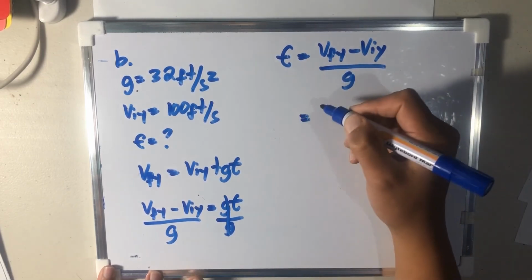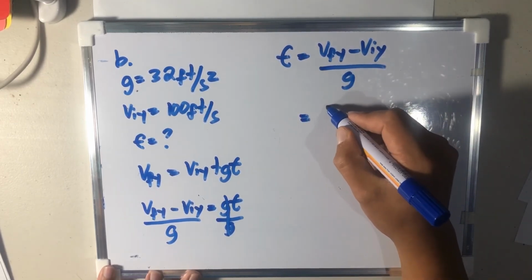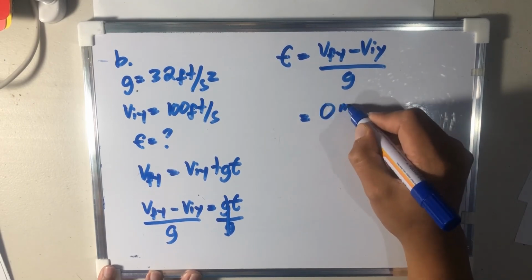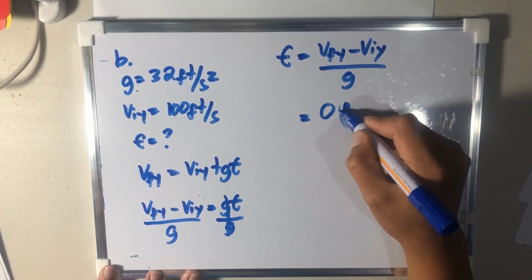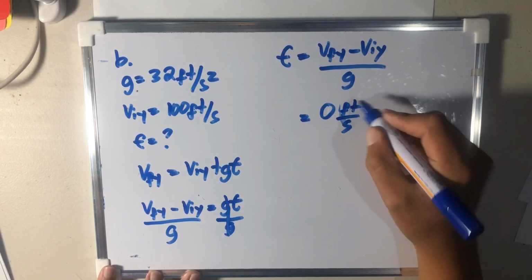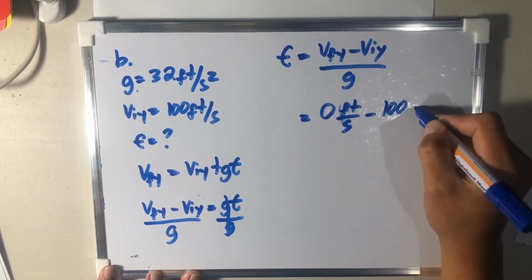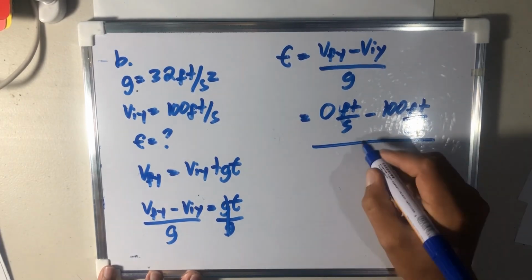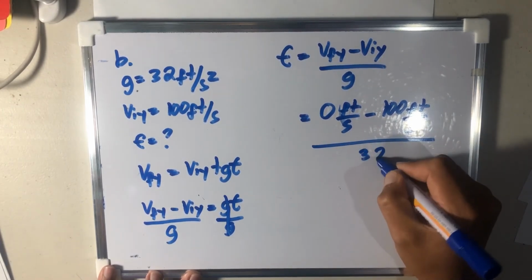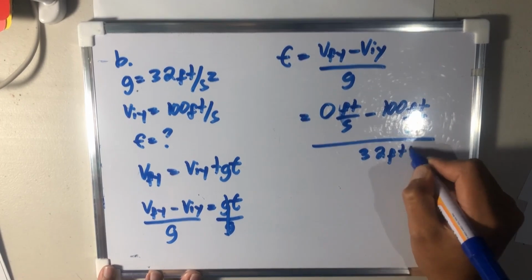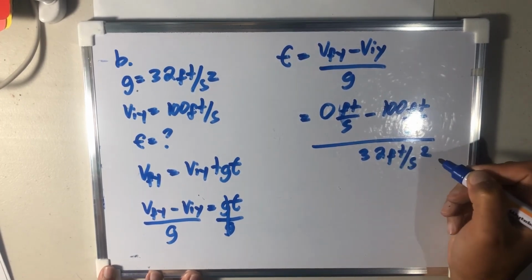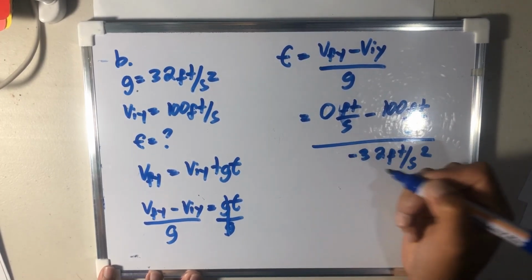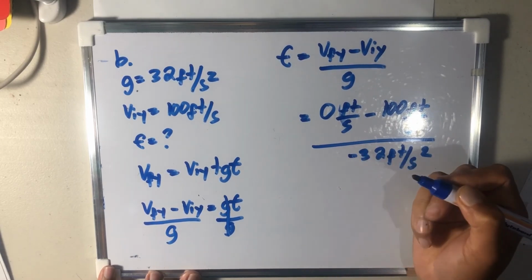Again, the object reaches its maximum height, therefore the final velocity at that point is 0 feet per second, minus 100 feet per second, all over 32 feet per second squared. However, the object is going up, so that will be negative.